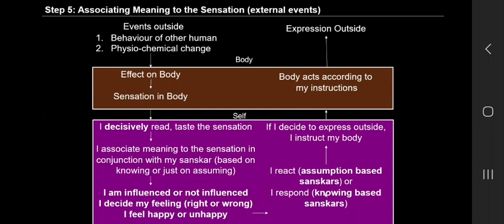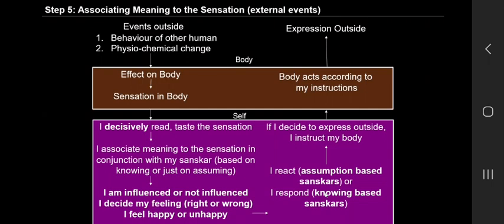So the example is very simple, as we discussed yesterday also. For example, you are at your home, and suppose some person talks to you with abusive words, in abusive language.